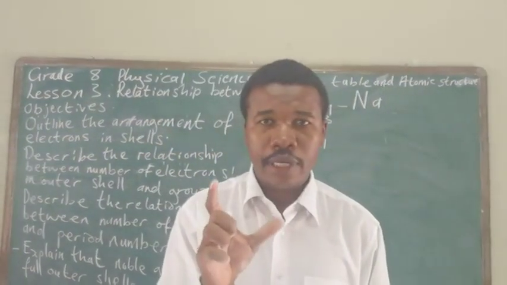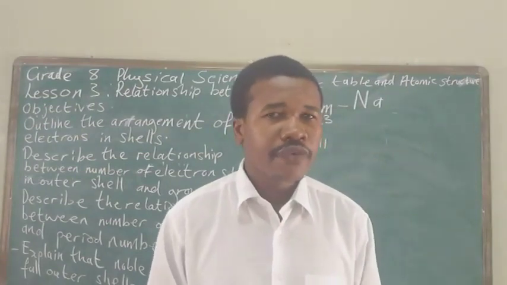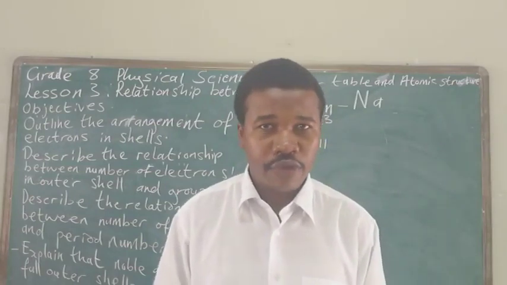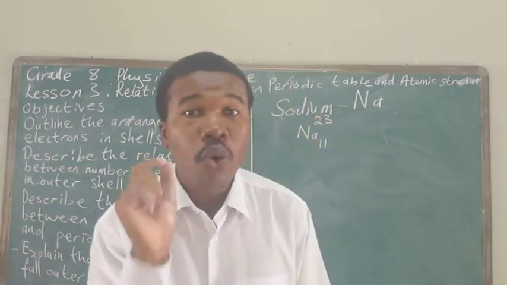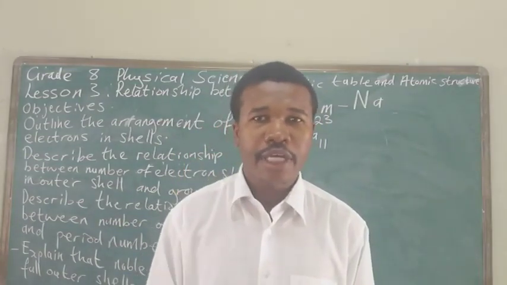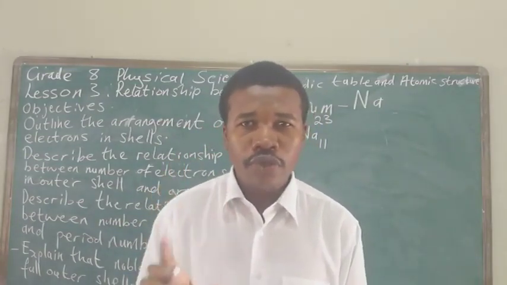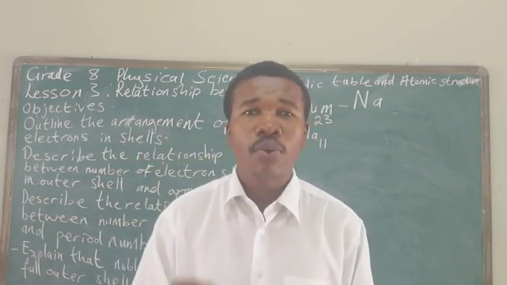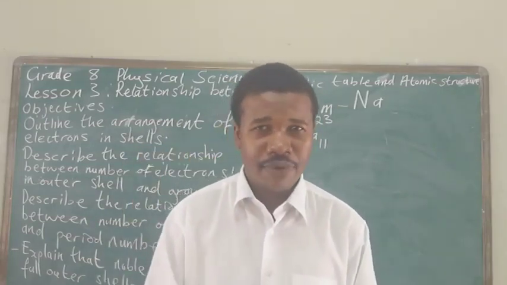I hope you are still aware of this information. If you go back to your notes on lesson 2 or lesson 1, you will find it. On any periodic table, the mass number and the atomic number will be given.